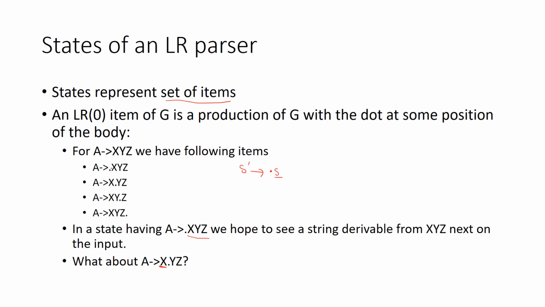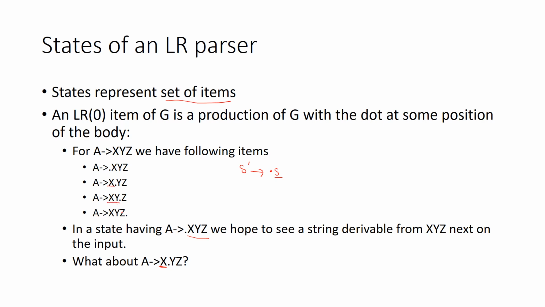When we say A derives dot XYZ, the meaning is that in the RHS we have read nothing. When I say A derives X dot YZ, that means we have read one character. If I say A derives XY dot Z, then we have read two characters.